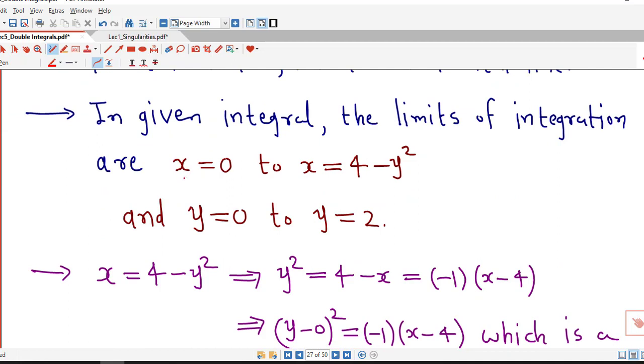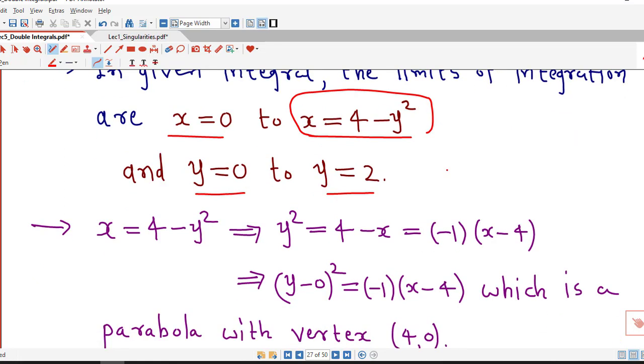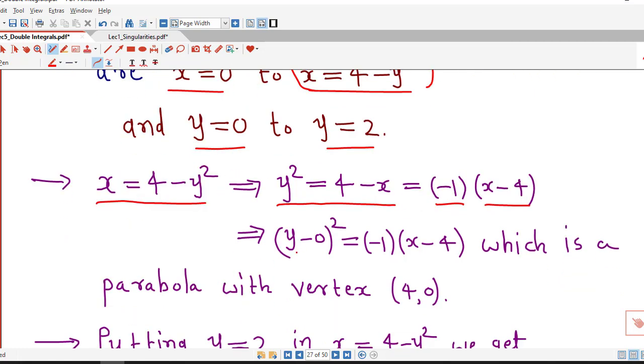So here x is from 0 to 4 minus y square and y is from 0 to 2. Now we can rewrite this equation. It represents a parabola. From this we can write y square equal to 4 minus x, and 4 minus x can be rewritten as minus 1 times x minus 4. And we rewrite y square as the square of y minus 0.